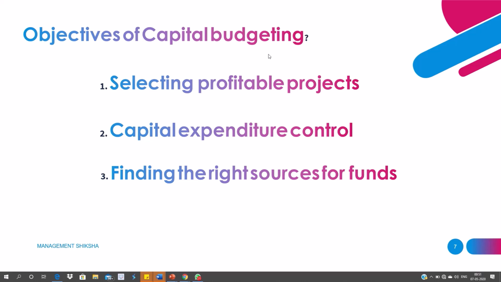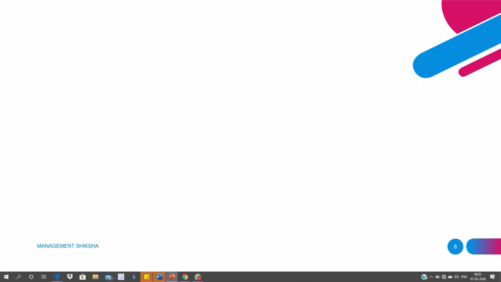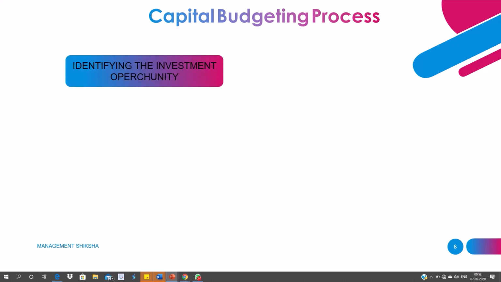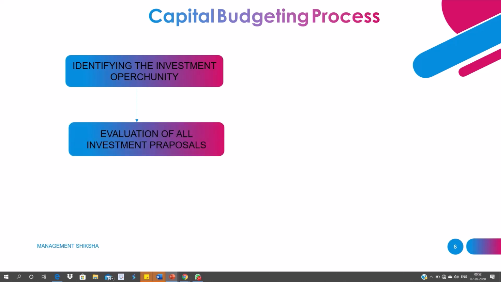If we look into the process of capital budgeting, first, the organization wants to identify the investment opportunities based on the economic construct. Based on those opportunities, the company can evaluate all the investment proposals.